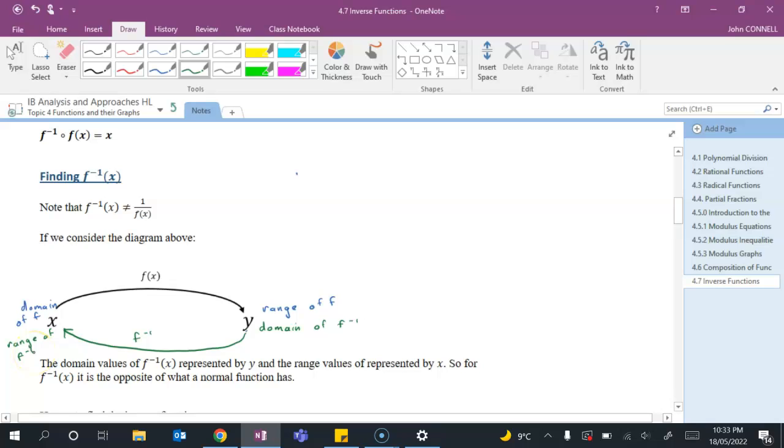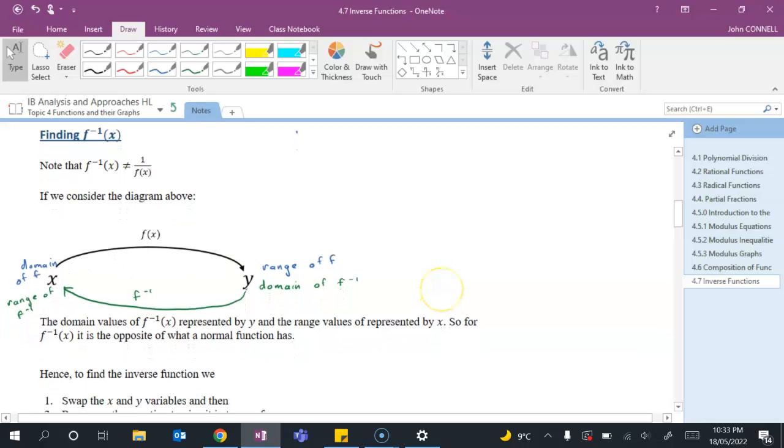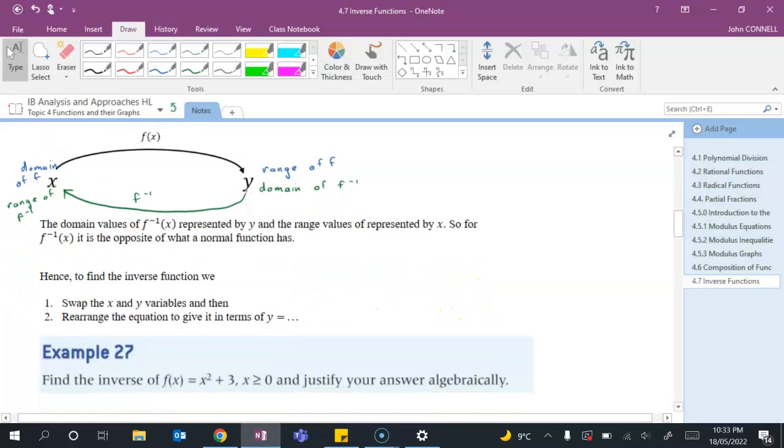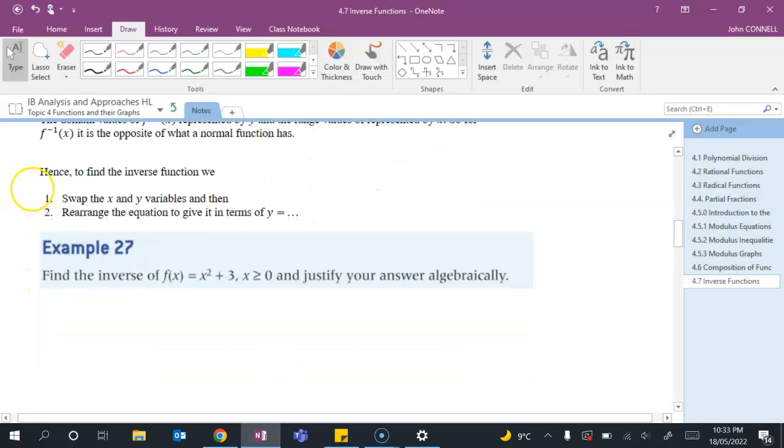So the x and the y for f inverse have swapped roles to what they were before for f. To find the inverse function, we take the relationship for f and swap the x and the y, and then we rearrange it to give it in terms of y equals. So let's see how that works.